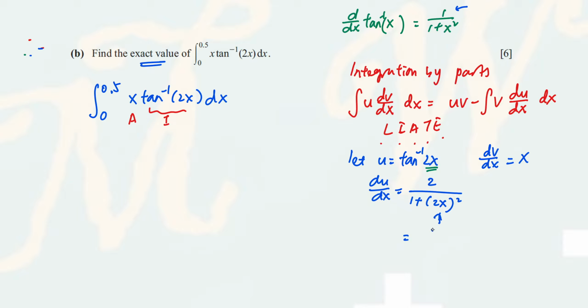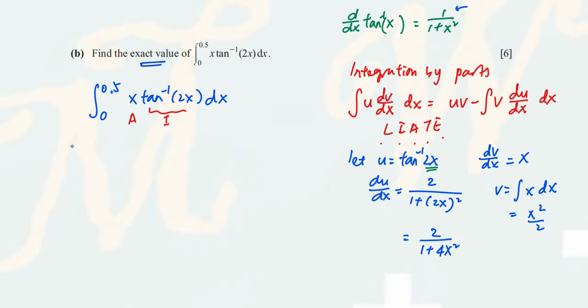Okay, so here is 2 over 1 plus 4x squared. Even though it is not x, you just do the assumption, but don't forget to differentiate the 2x. So then the v will be the integration of x dx. Then you will be getting x squared over 2.